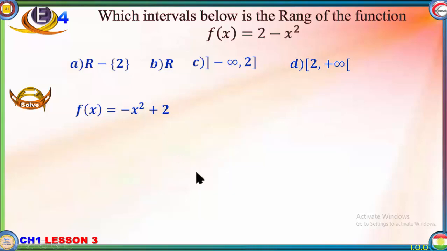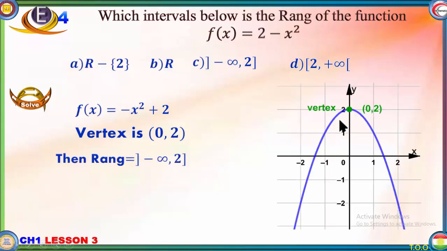Therefore, the vertex is (0, 2). Because the leading coefficient is negative, it starts from negative infinity to 2. Therefore, C is the correct answer.